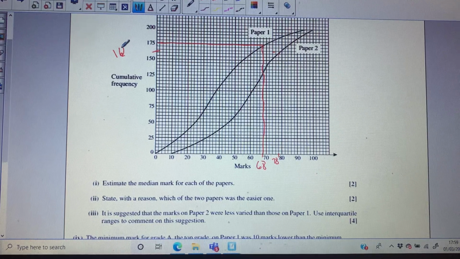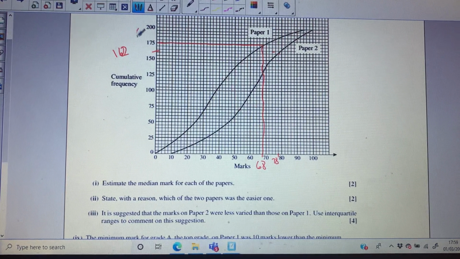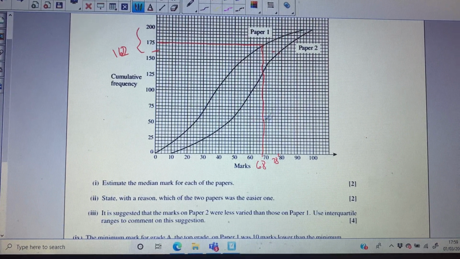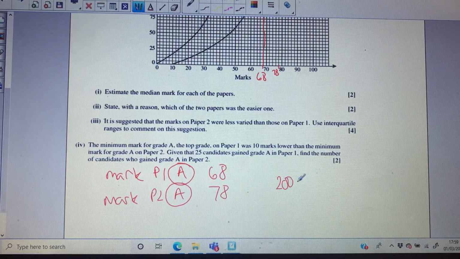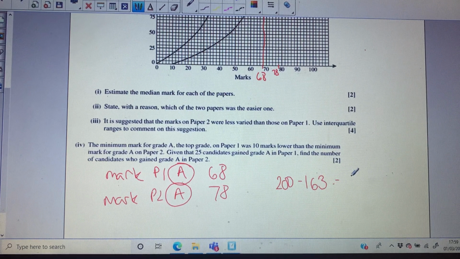Possibly even 160, it's quite hard to read off. I'm looking at the difference. So 200 take away 162, 163, I'm going to say roughly 37.